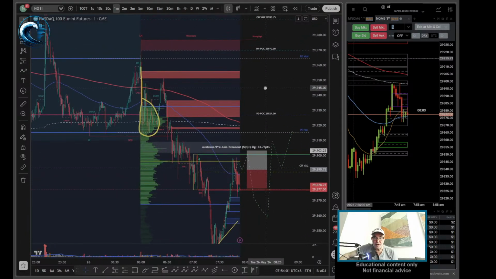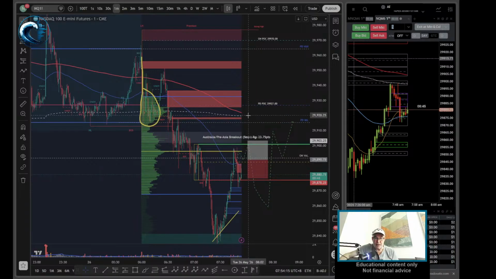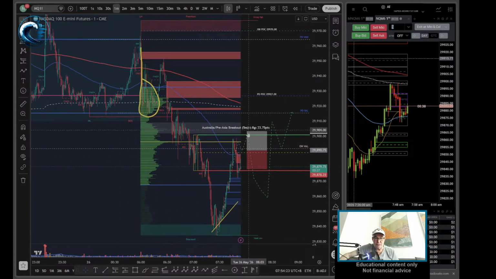But anyway, that's fine. I have the VWAP, which is here, and even that we are below, but the VWAP I use as a magnet, and that is telling me it's up here. So especially when it's a long way away, it seems to be the magnet for where the market will be pulled into.